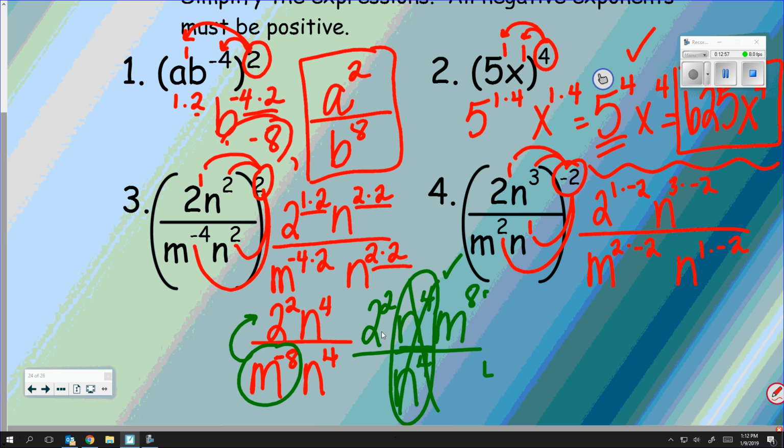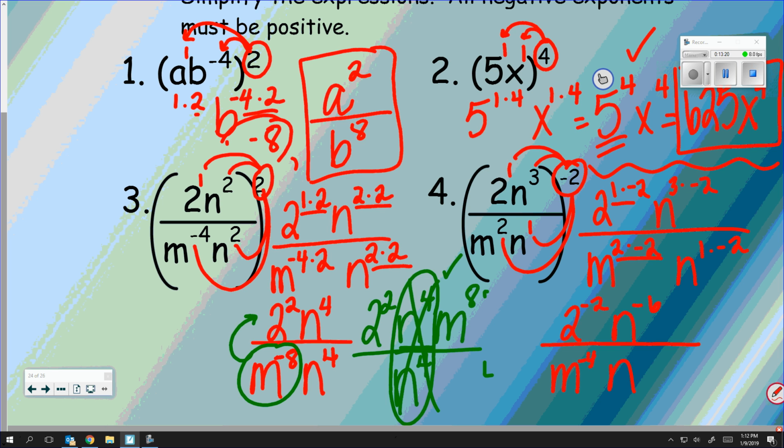Okay, now we go ahead and multiply. So 1 times the negative 2 is negative 2, and 3 times the negative 2 is negative 6. 2 times the negative 2 for your m is m to the negative 4.